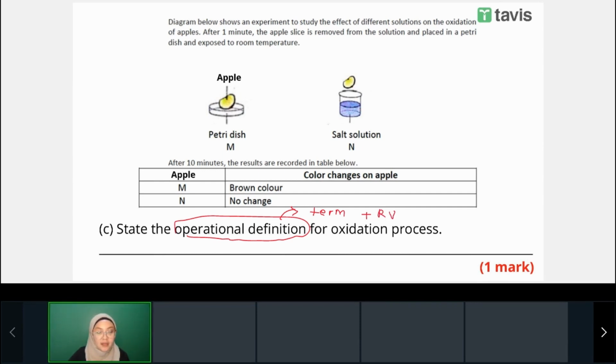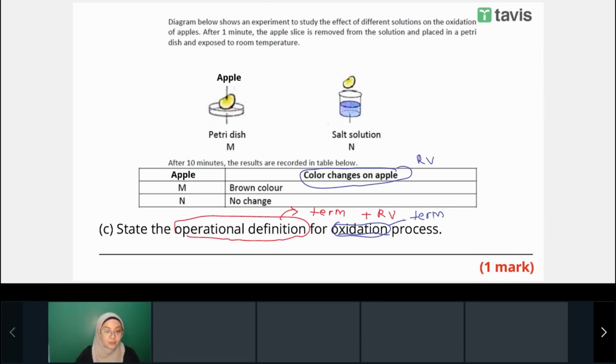Now they ask about the operational definition for the oxidation process. Oxidation process is the term. The responding variable is the color changes of an apple, RV. Just make a sentence based on the term plus RV.